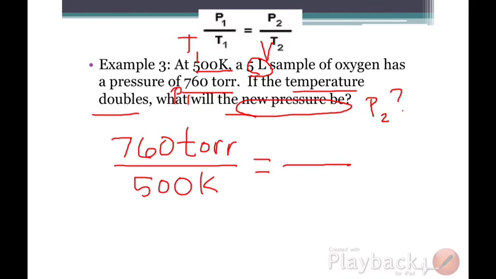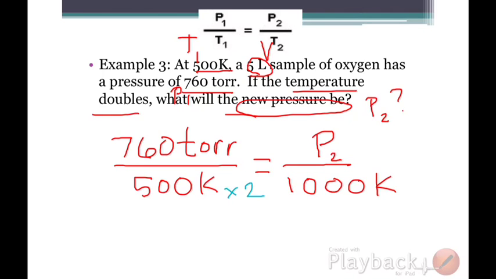Okay, the temperature doubles. Well, we can figure that out. 500 Kelvin times 2, that's 1,000. Right? 500 plus 500, or 500 times 2, 1,000. So we actually have our T2. It's 1,000, so we'll put it right here. And then we're solving for pressure 2.